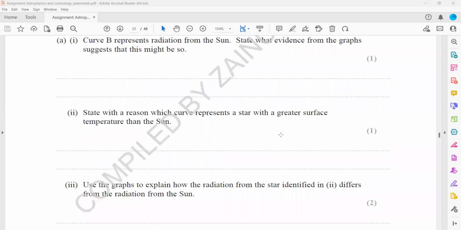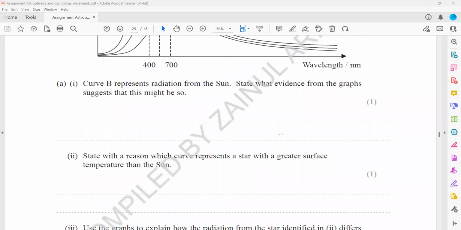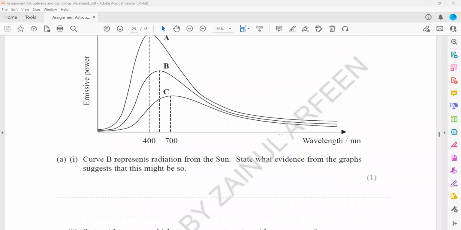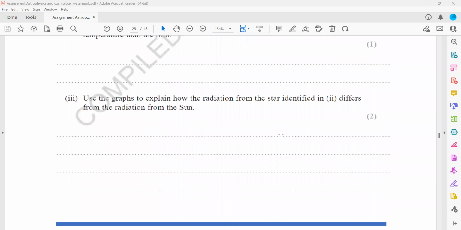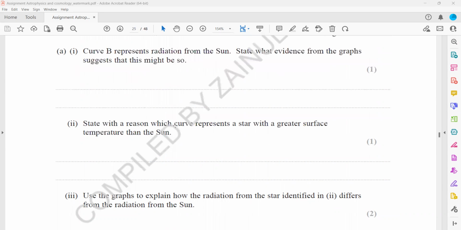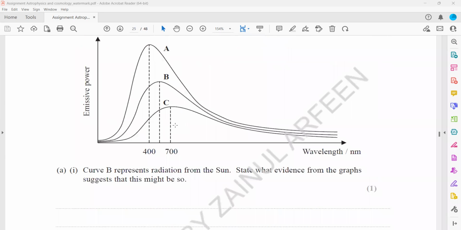State with a reason which curve represents the star with a greater surface temperature. That is A, because it has the shorter wavelength, so higher temperature, as they are inversely proportional. Use the graph to explain how the radiation from star A differs from the radiation from the sun. So how are these two radiations different?